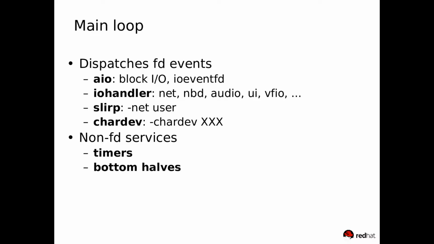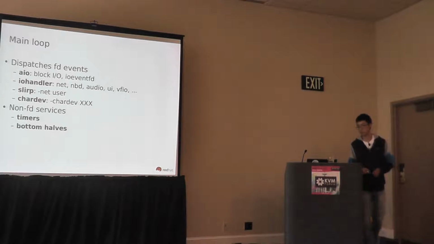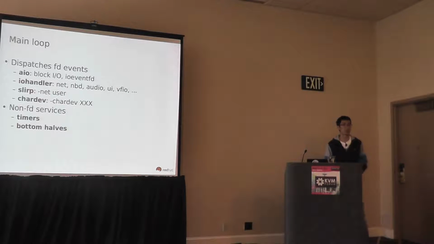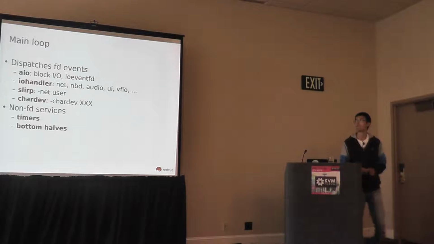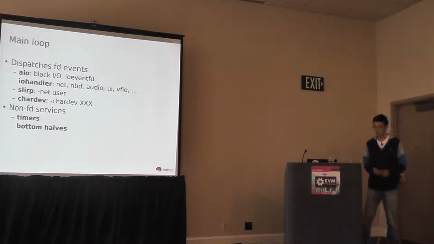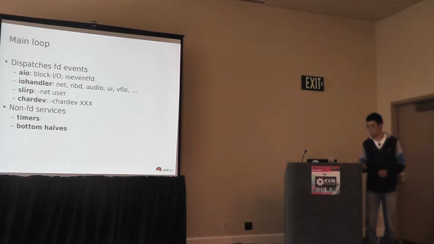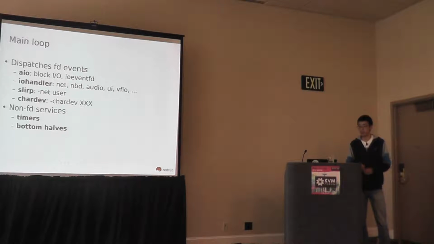So let's look at what the main loop is. What it does is dispatch file descriptor events and a few non-file descriptor services. The file descriptors include 4 parts. One is the AIO, which is the block layer read, write, and also the I/O event FD, which is used in the virtio multi-queue. The second one is the I/O handler.